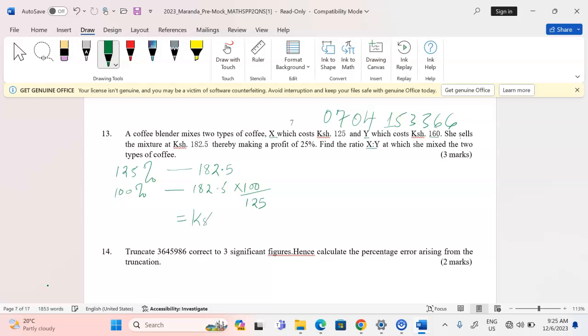Therefore, the cost price of this mixture is going to be, when we take 182.5 by 100, then we divide by 125, this is going to give us 146.